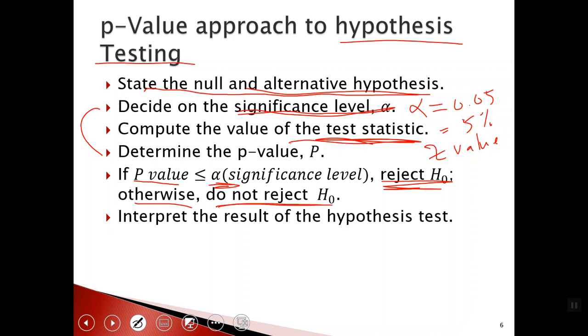I think you remember these two phrases: reject the null hypothesis or do not reject the null hypothesis. We always test the null hypothesis, not the alternative hypothesis. The last step is to interpret the results based on your hypothesis test.